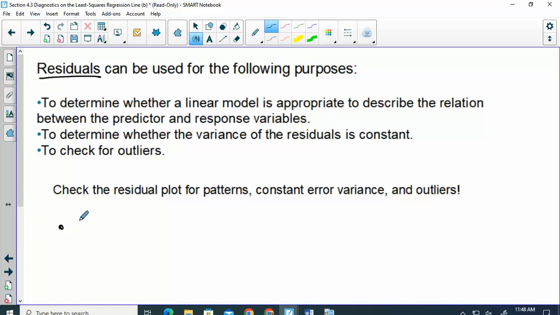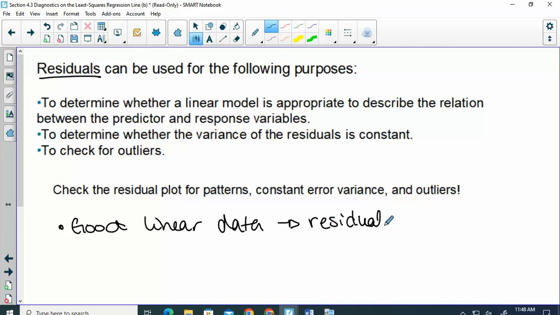The goal, so if we have good data, then the residual plot will have no pattern at all.